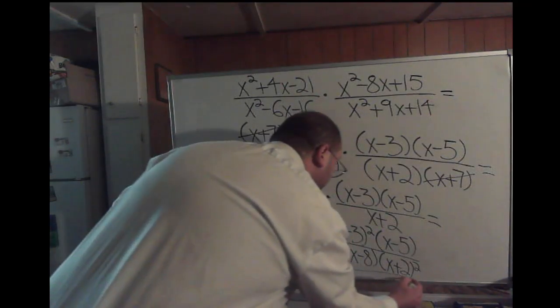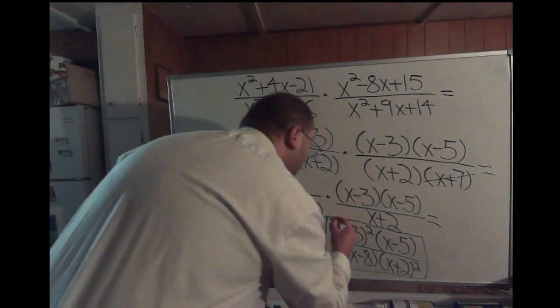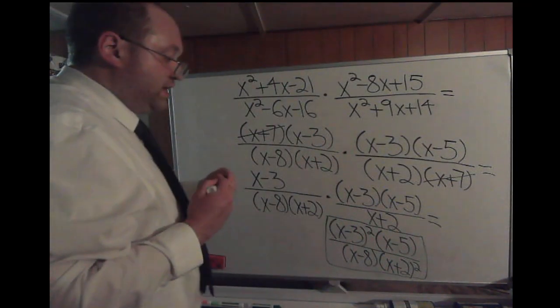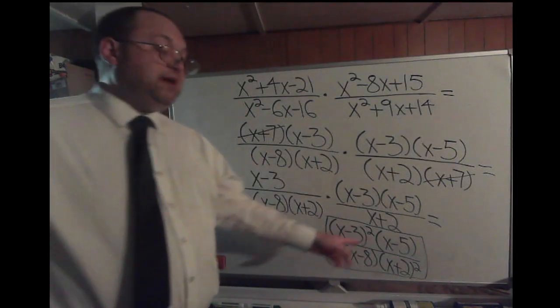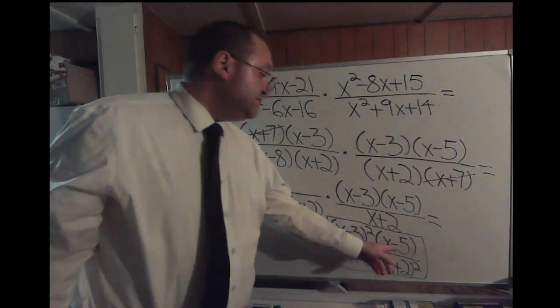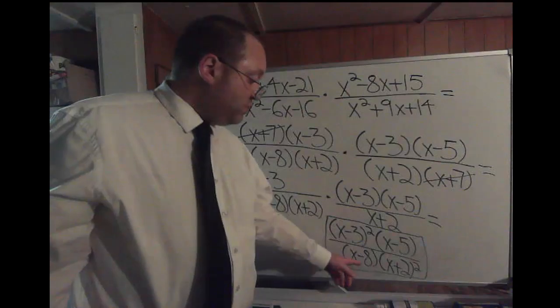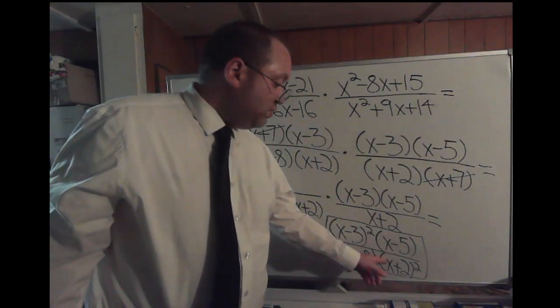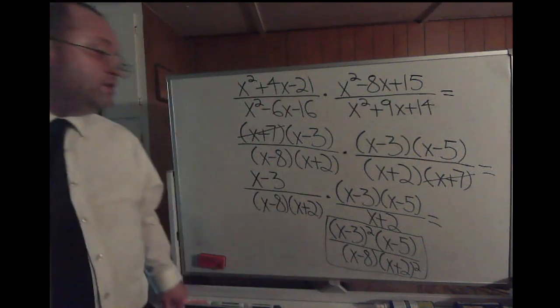So the answer you should get would be the quantity of x minus 3 to the second power times the quantity of x minus 5 all over the quantity of x minus 8 times the quantity of x plus 2 to the second power.